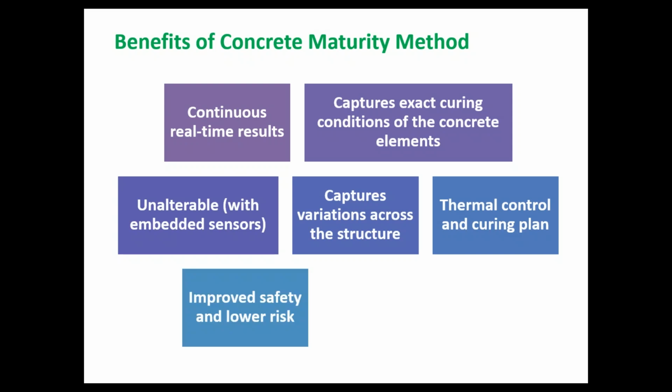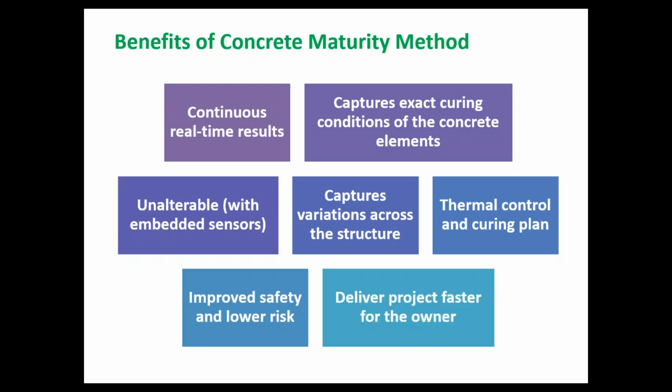And knowing that detailed information with local strength variations can significantly improve safety and lower risk in your job site. One aspect of it is simply not having wires sitting around, which helps with the safety aspect of your workplace.